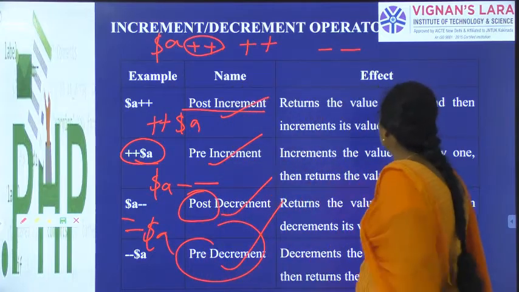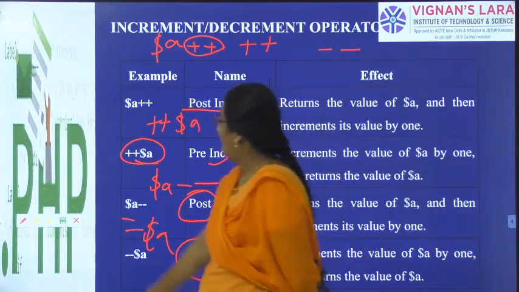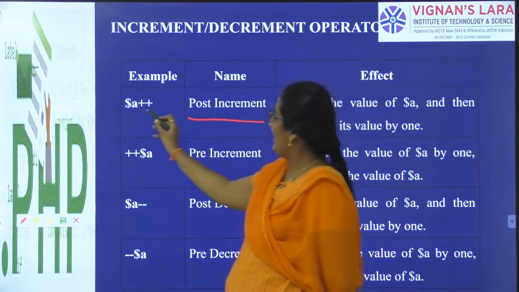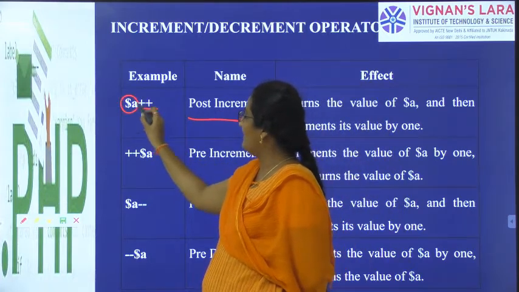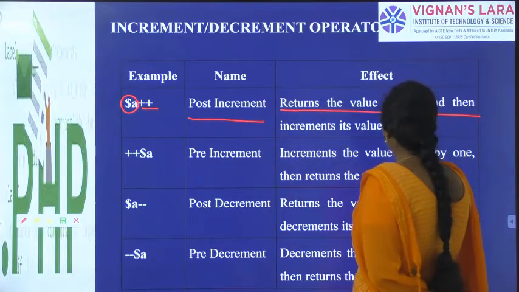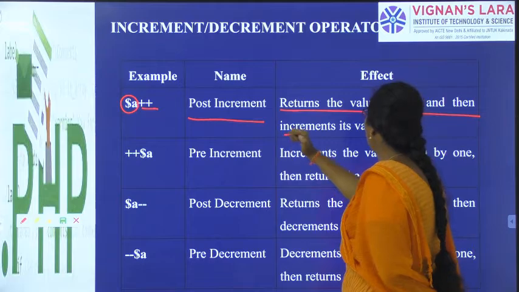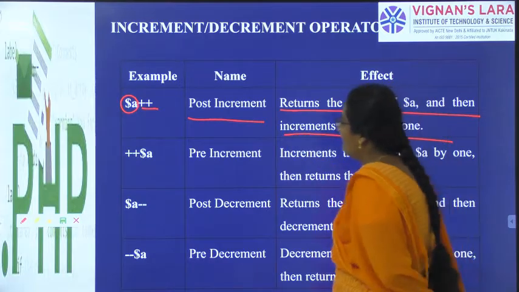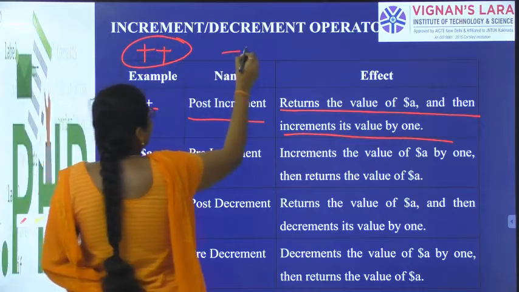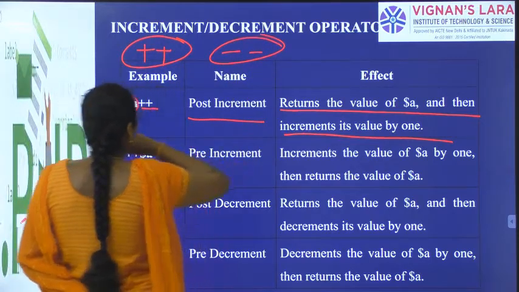So see here, post increment, where we are getting the increment operator after the $variable, so it returns the value of the $A variable and then increments the value by 1. This is the increment symbol plus plus, this is the decrement symbol minus minus.